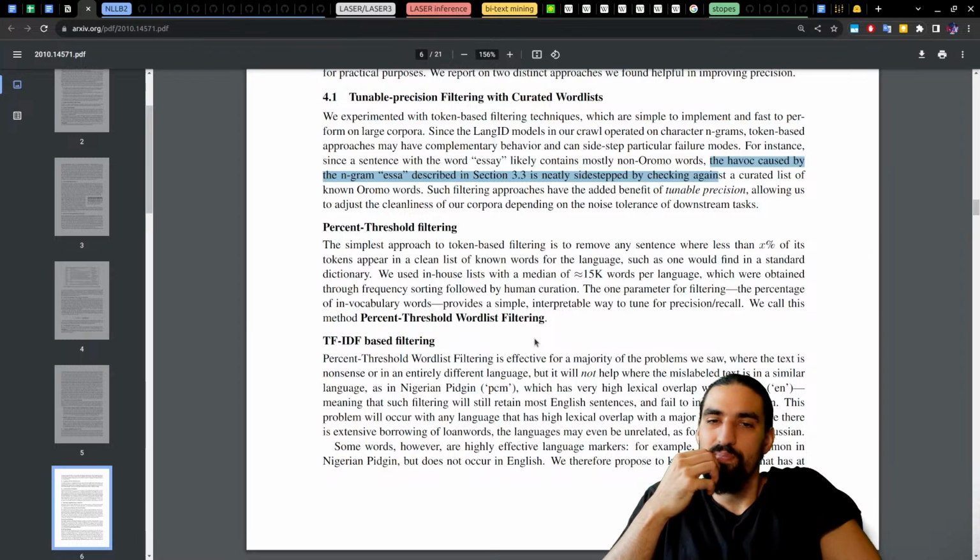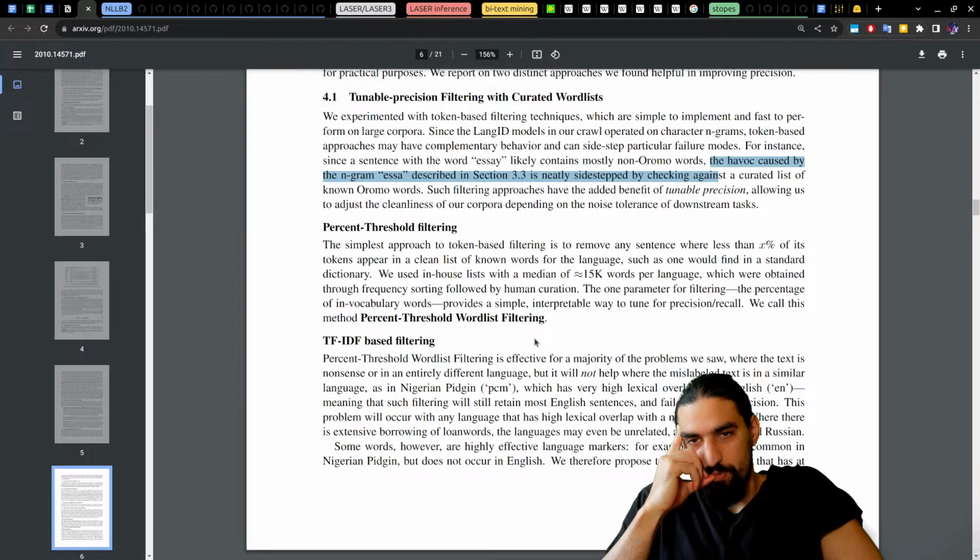Okay. Percent threshold word list filtering. So how many percent has to be in the vocab? If it's lower than that, we filter it out.